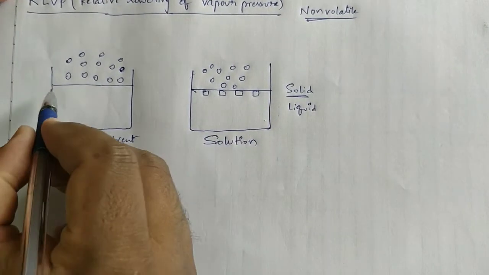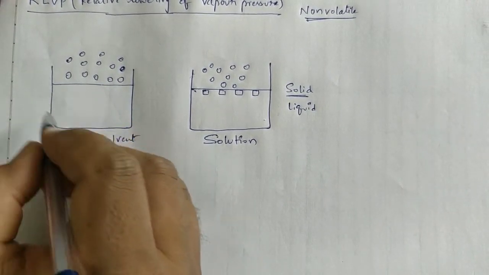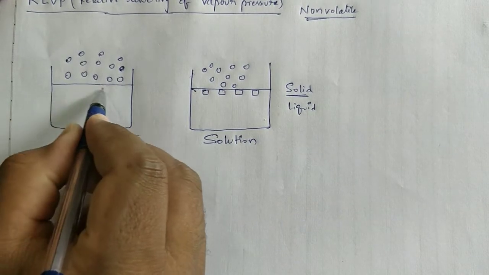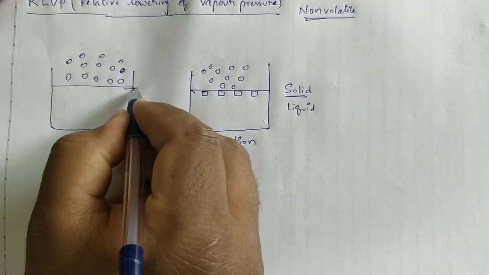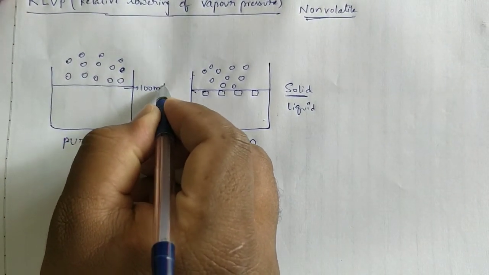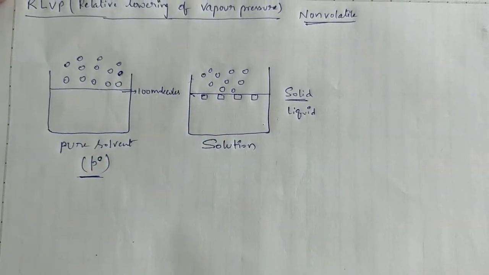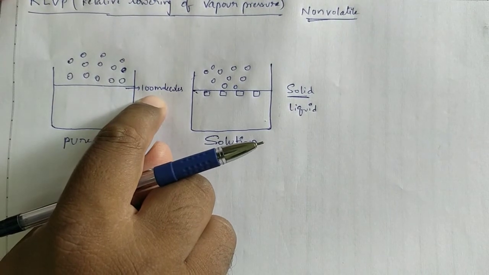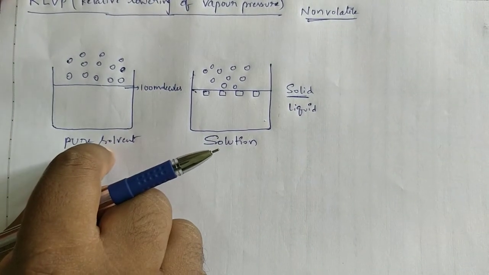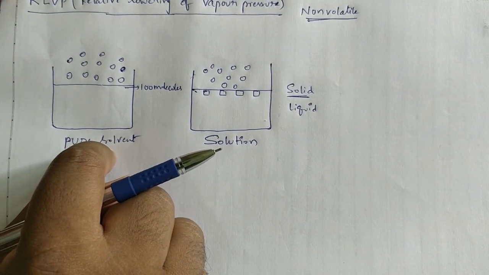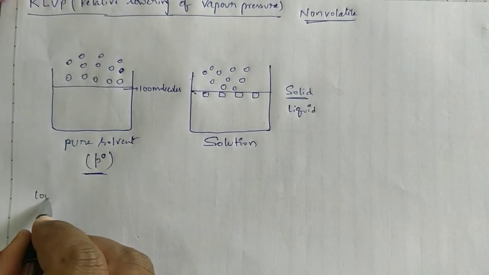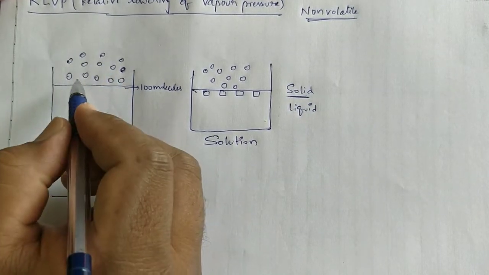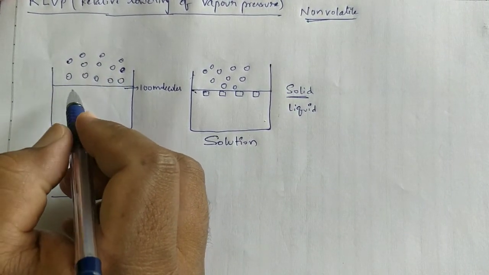Now coming to pure solvent. On the surface we have 100 molecules in pure solvent. Out of 100 molecules, how many molecules are converted into gaseous state at a particular temperature and attain equilibrium?